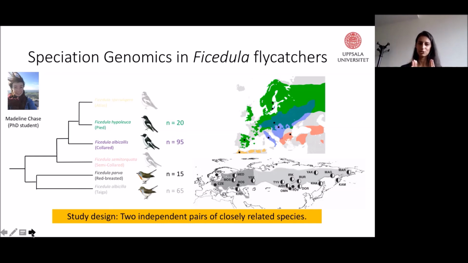Another reason is that we wanted to understand the differentiation landscape within a speciation genomic context better and see how it evolves in 2 independent pairs, independent in the sense that the phylogeny is well resolved and we don't have any signatures of incomplete lineage sorting or ongoing gene flow between these pairs. So from the red-breasted and taiga pair to the collared and pied pair, there is no gene flow among those.